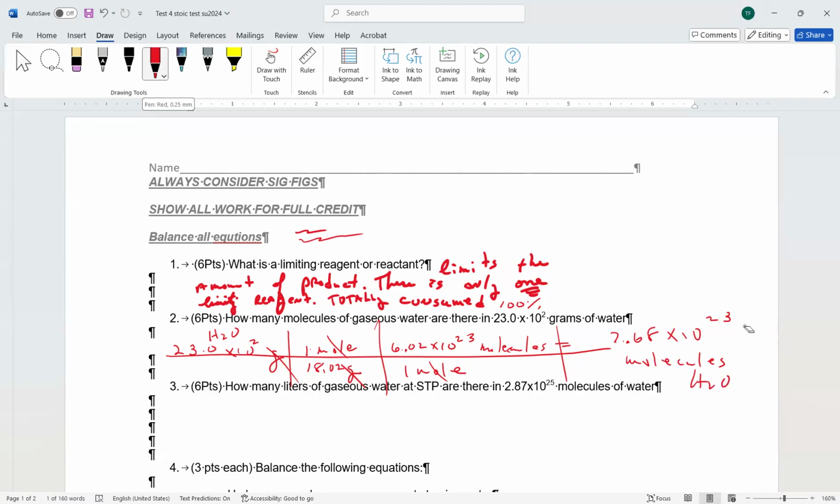Okay, how many liters of gaseous water, again, gaseous water at STP, are there in so many molecules of water? So the given is 287.